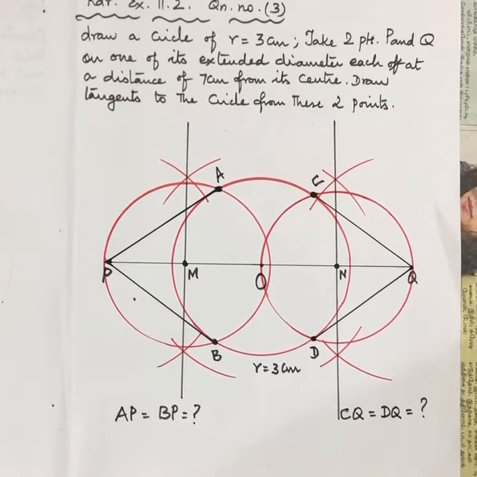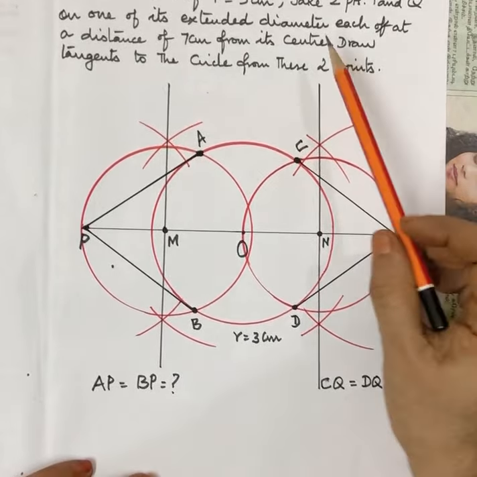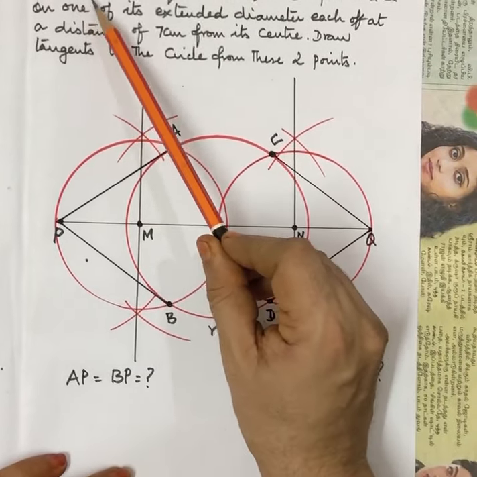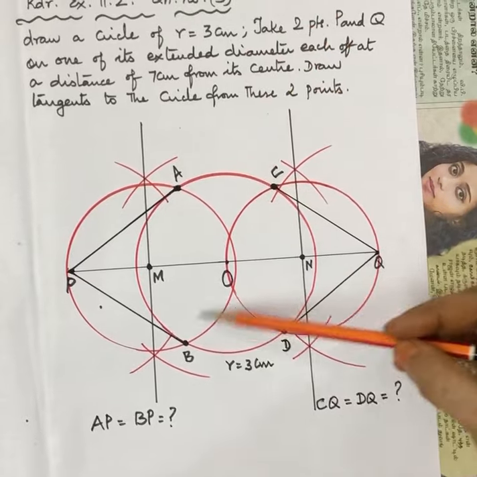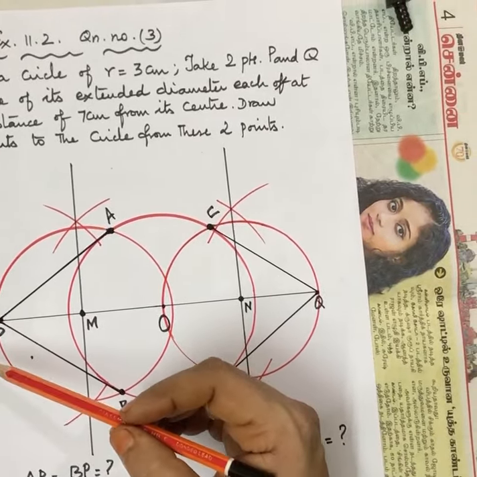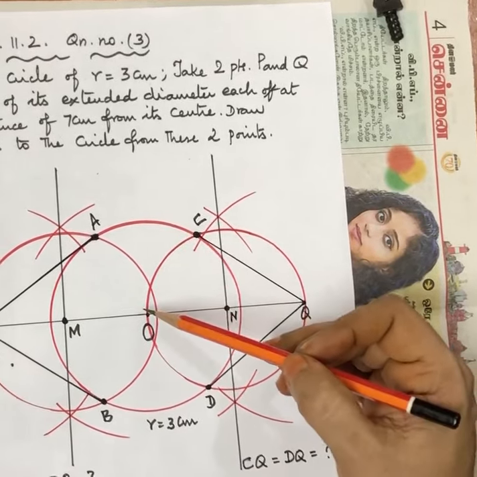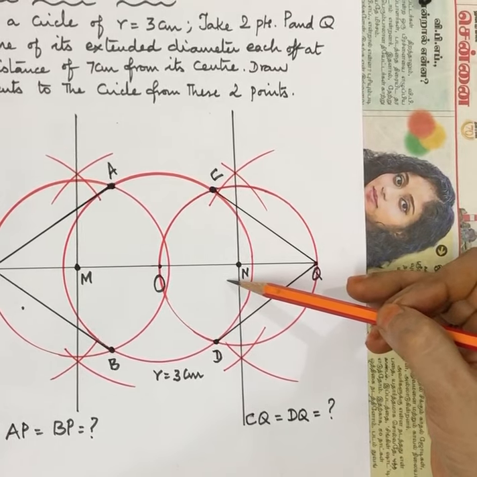Now let me repeat. This question has 3 parts. The first part is drawing a circle with radius 3 centimeter. So that is the first thing I am making. Measure 3 centimeter with compass using scale. Draw a circle at the center of your notebook.